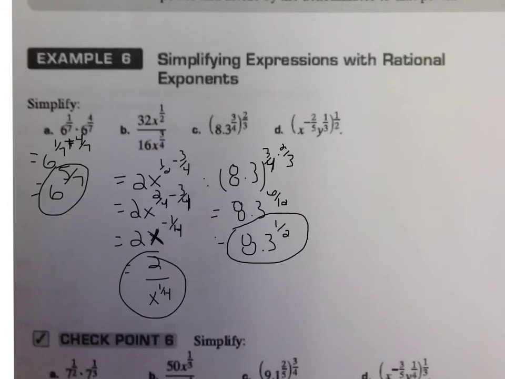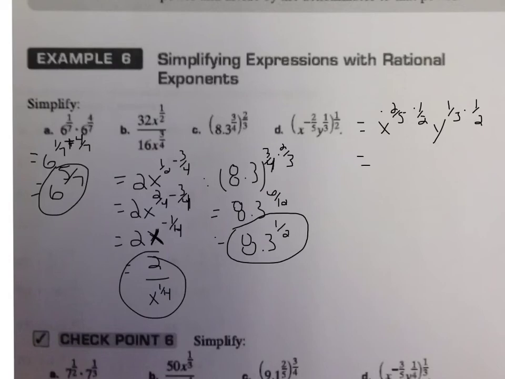D, you've got x to the negative 2/5, y to the 1/3, both raised to the 1/2. We're going to distribute that 1/2 through all the powers and multiply through all the powers in there. So we're going to have x to the negative 2/5 times 1/2, and y to the 1/3 times 1/2.